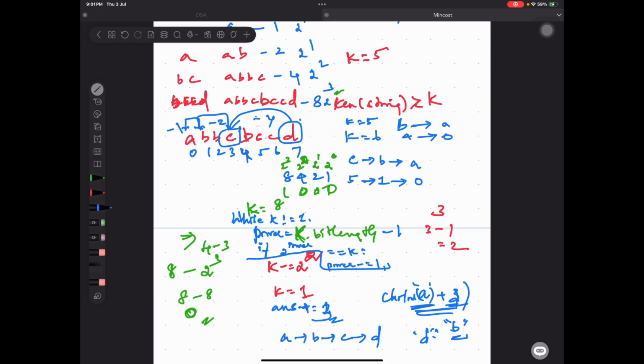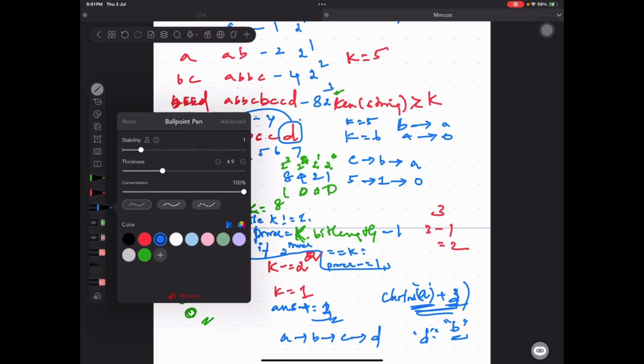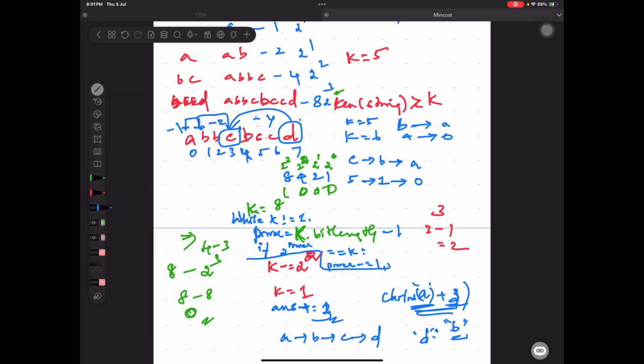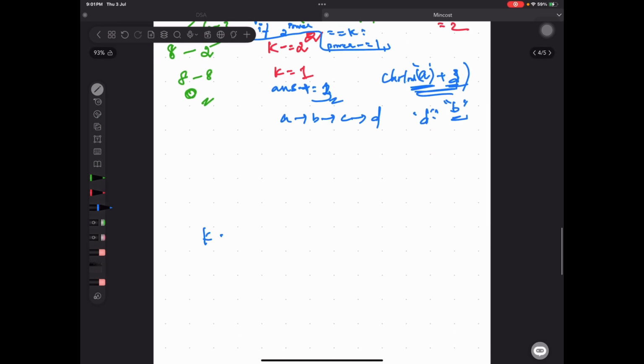So now, as per this explanation, I hope you guys would have understood how this bit length works, and how bit length and power work. So by this we are just traversing. For example, if they have given k equals 3, we are just traversing 3.